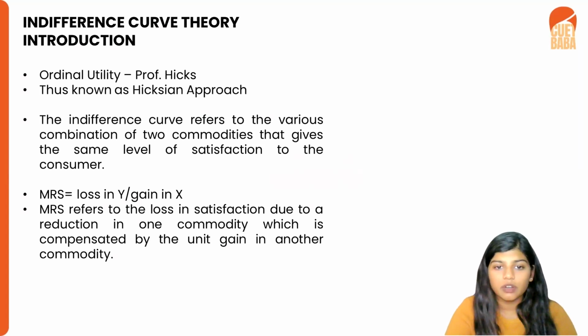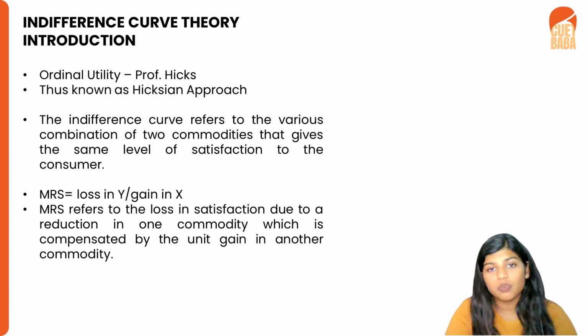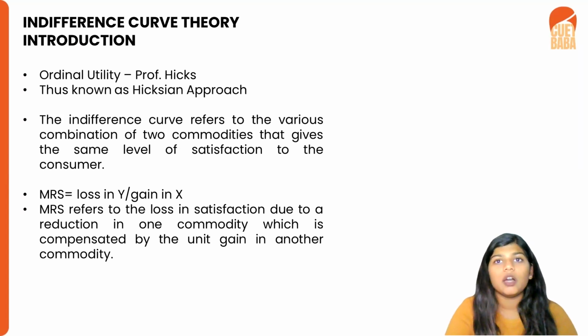An indifference curve refers to the various combinations of two commodities that give the same level of satisfaction to the consumer. So the important key points are various combinations of two commodities and the same level of satisfaction to the consumer. It's not just one commodity giving satisfaction.